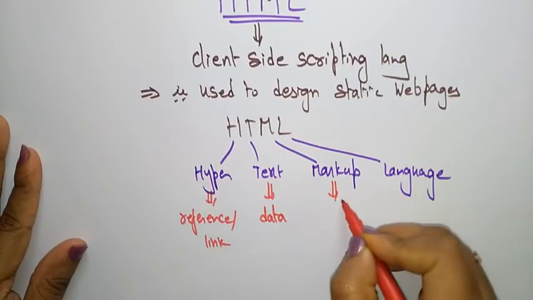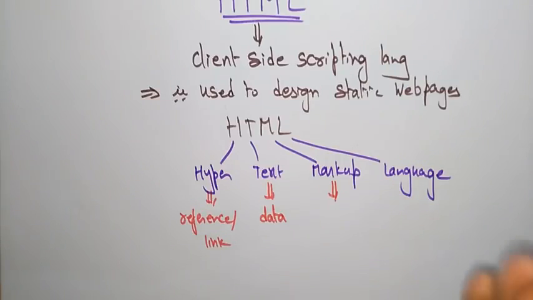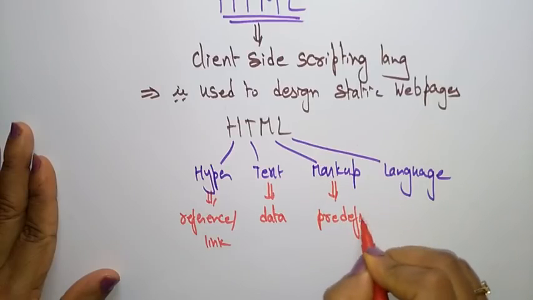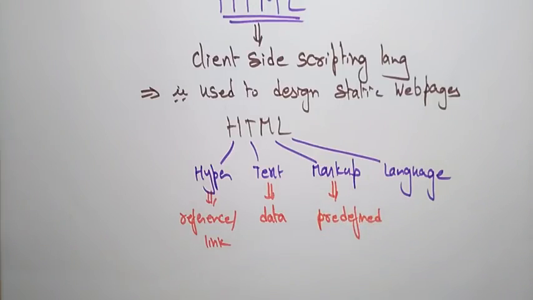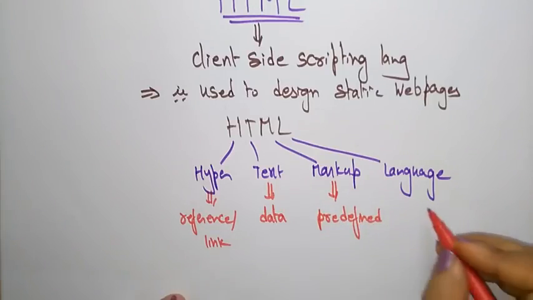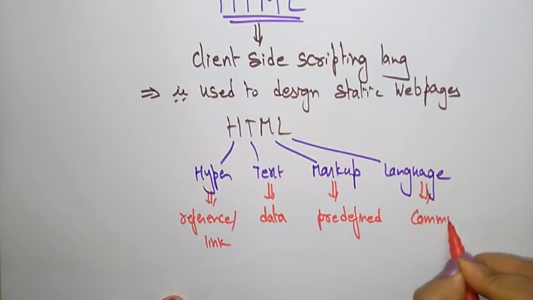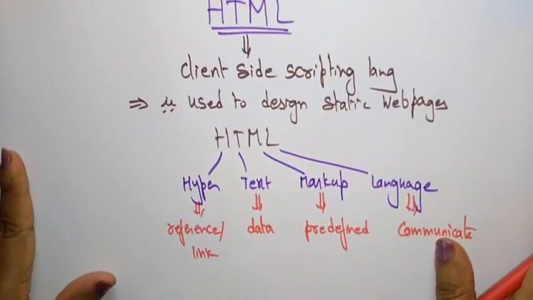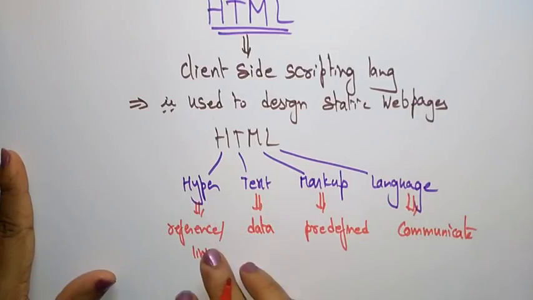And what about the markup? Markup is nothing but predefined terms, predefined statements present in this HTML language. And what about the language? Language is used for communication. So if you want to communicate, you need some language. So this is a hypertext markup language.